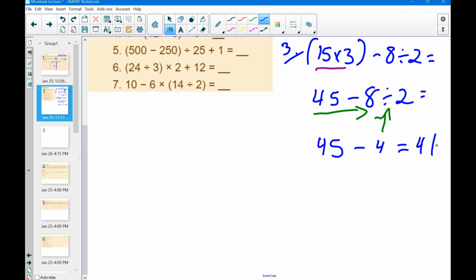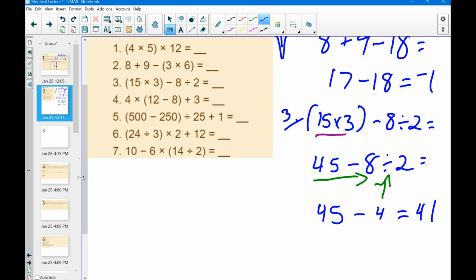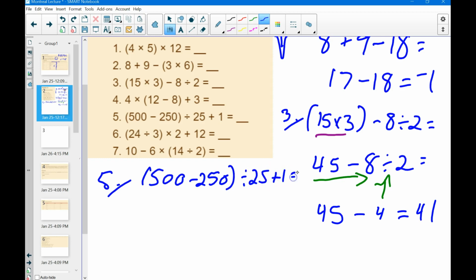Let's see. Maybe I'll try one more of these. If I have brackets 500 minus 250 divided by 25 plus 1 equals.